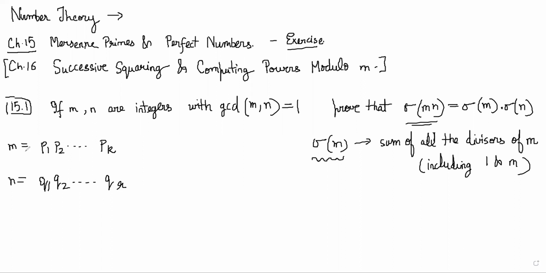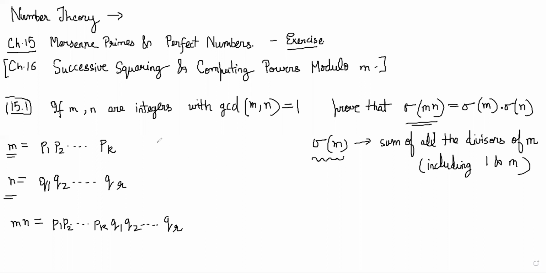Now these are the m and the n which have no common factors. So the product mn is simply p1, p2, up to pk, q1, q2, up to qr.